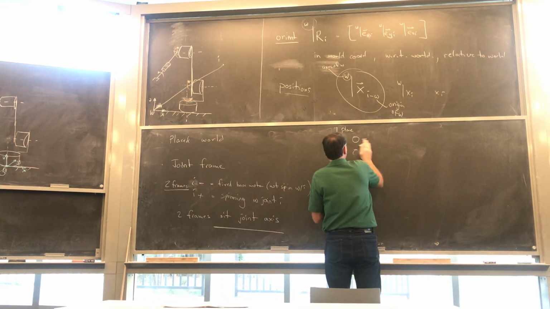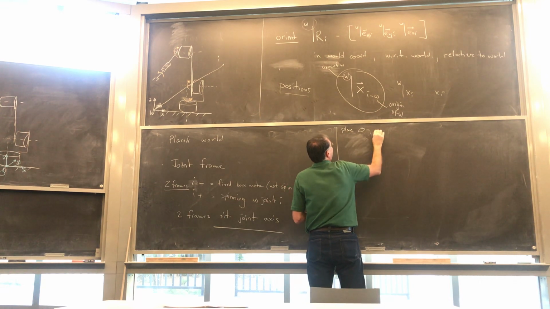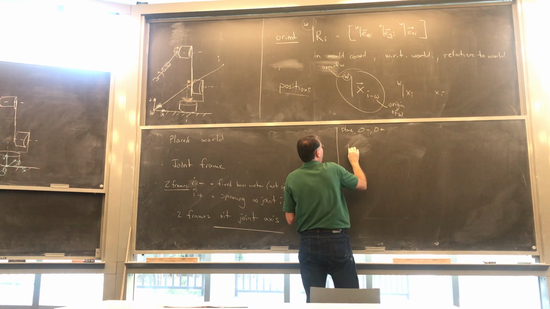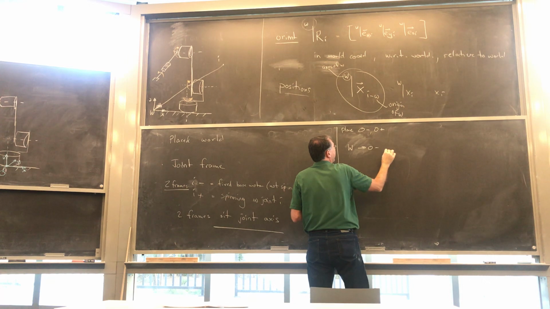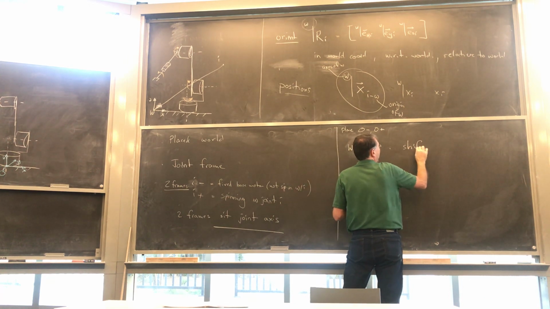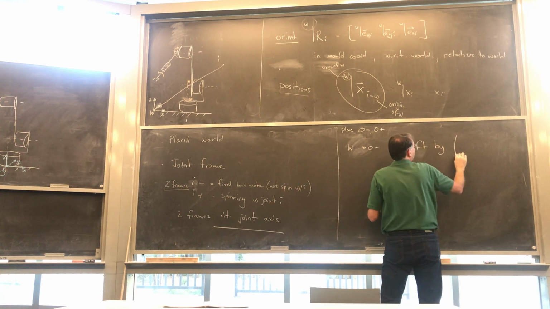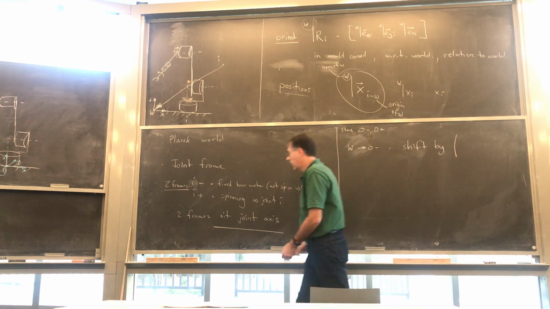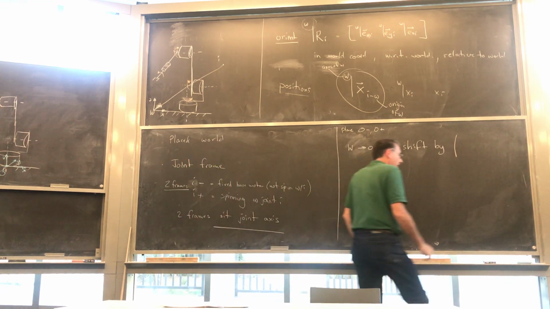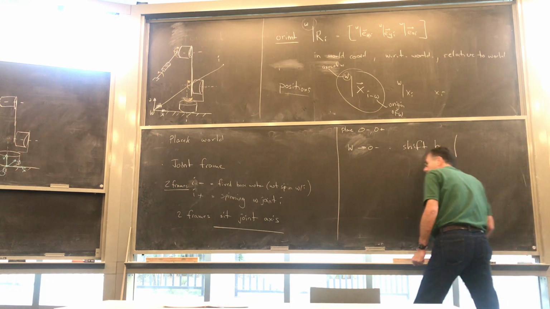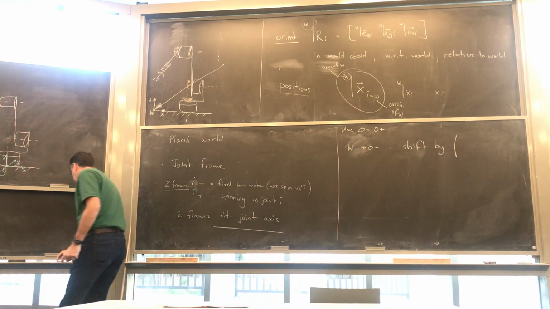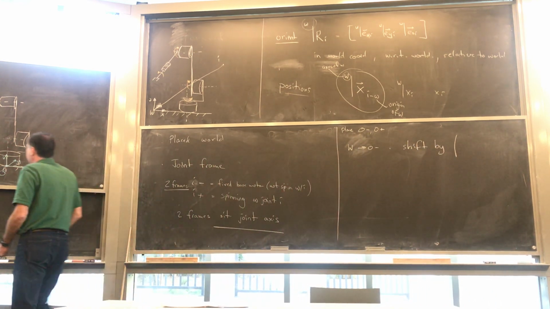To get from W to 0 minus was a shift by, well, call it distance. I'll use orange because I like orange.